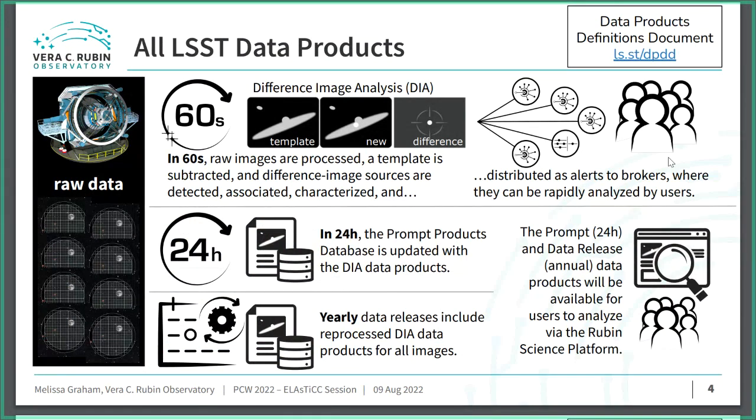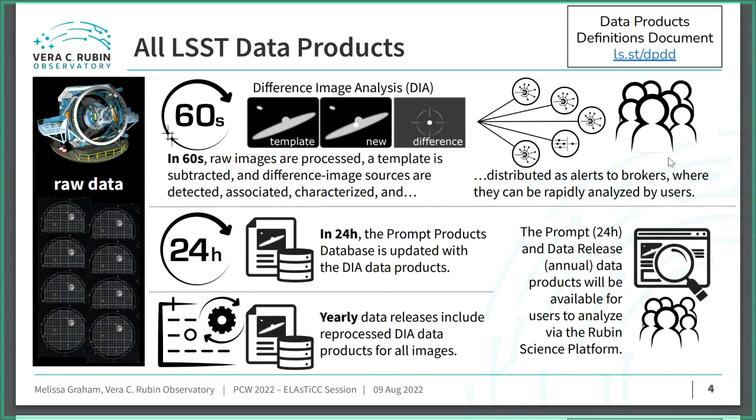There are other kinds of prompt products that Rubin Observatory will make as well. Within 24 hours, basically, what we call the prompt products database gets updated with all of the detections from the night before. So that's the same data that has gone out in alerts, but it's in catalog format.